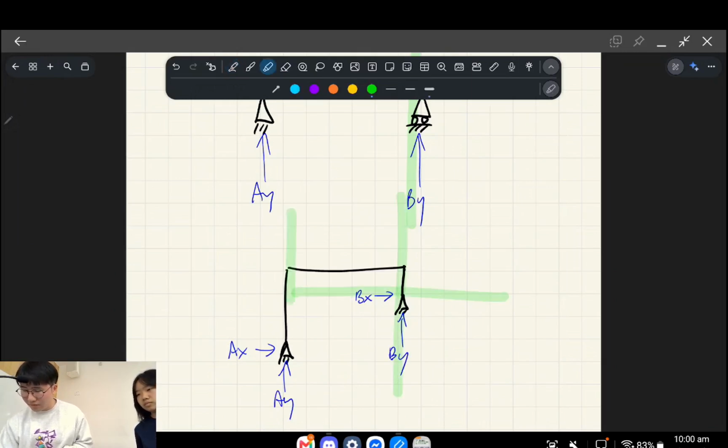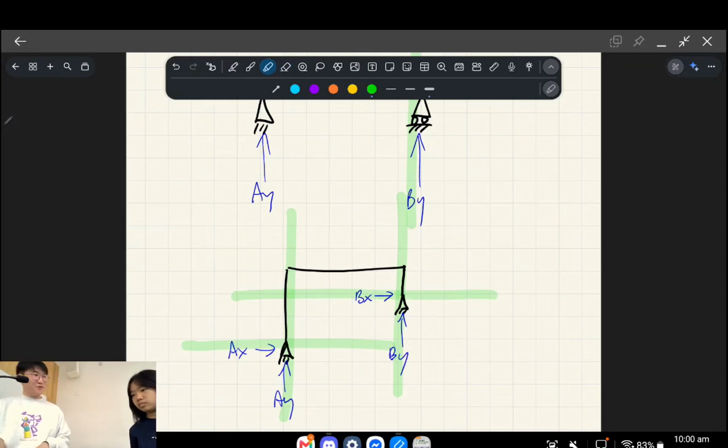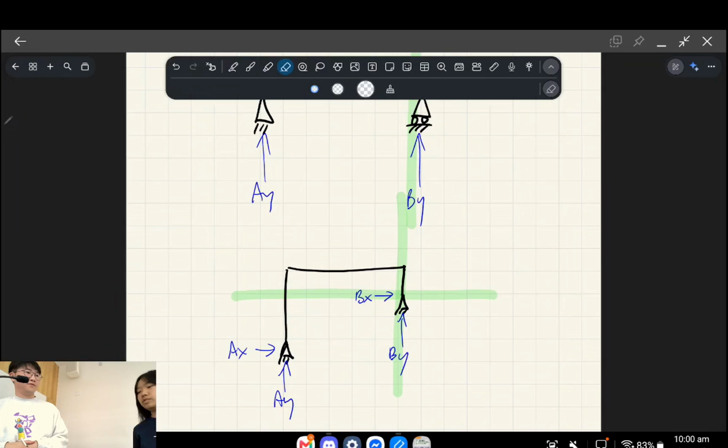What you'll find, I'm just going to keep drawing further, is no matter what point you pick, you're not going to be able to solve it using equations of equilibrium. The reason is if you pick point A, you still have 2 unknowns that you can't solve for. So you can only solve for it when there's only 1 remaining.